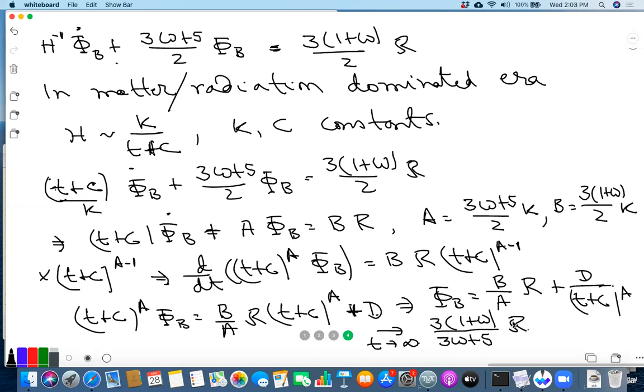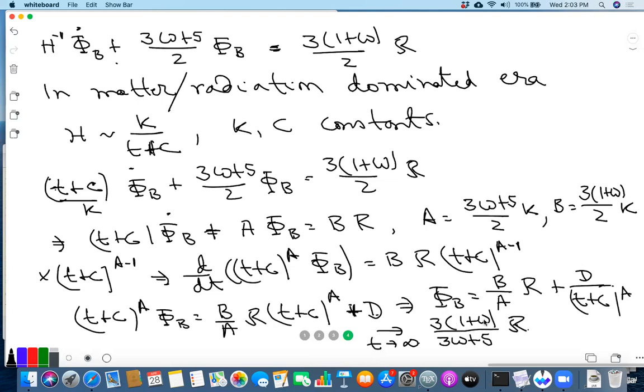So even though this formula was derived assuming that h goes as k over t plus c, this in fact is also valid for w equal to -1. So for w equal to -1, you have already seen that phi b is 0, right? We have to actually solve the equations for the cosmological constant dominant era, that's during inflation. So for w equal to -1, phi b is 0. For w equal to 1/3, you can work out what this is, right?